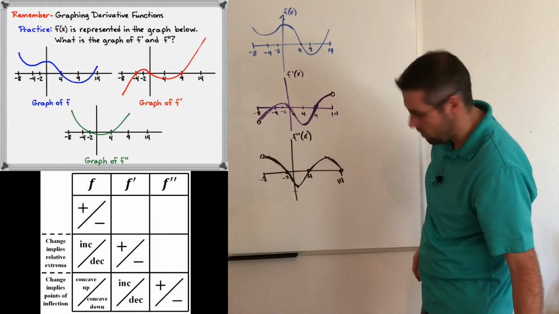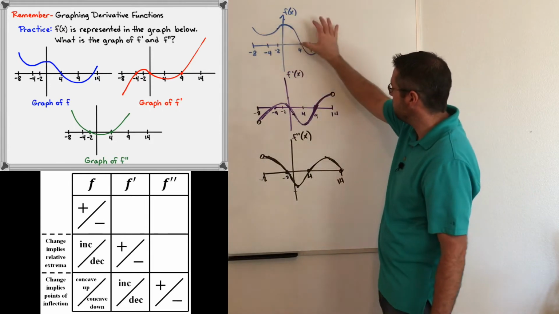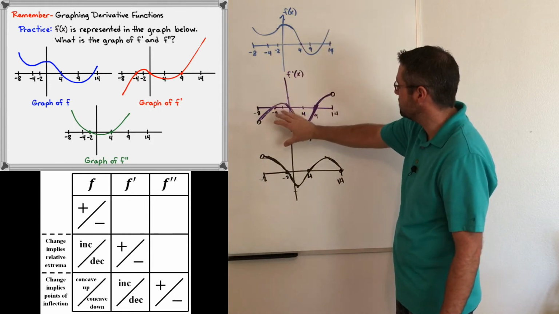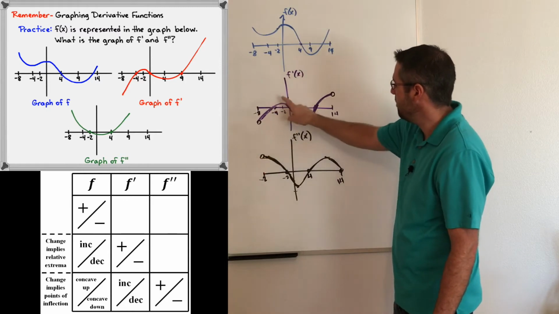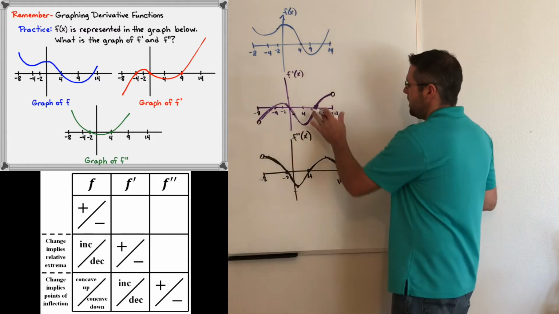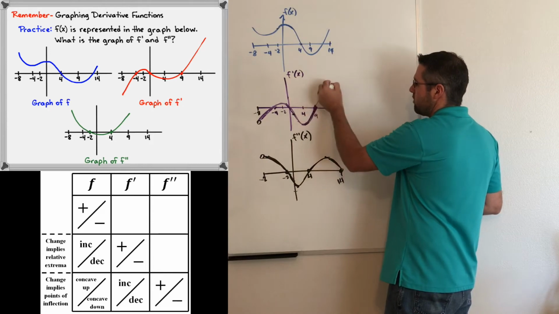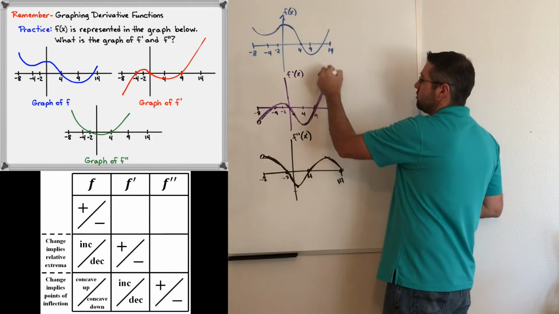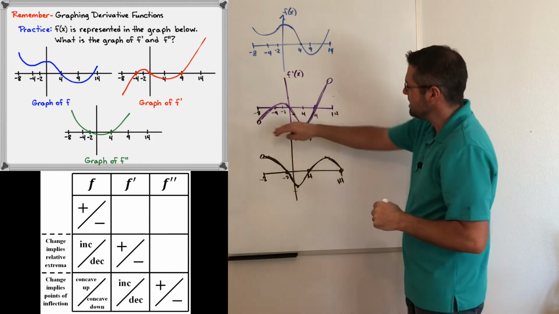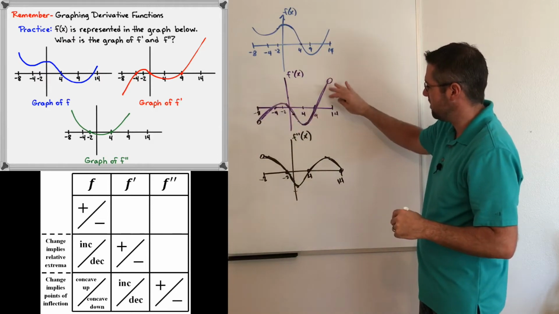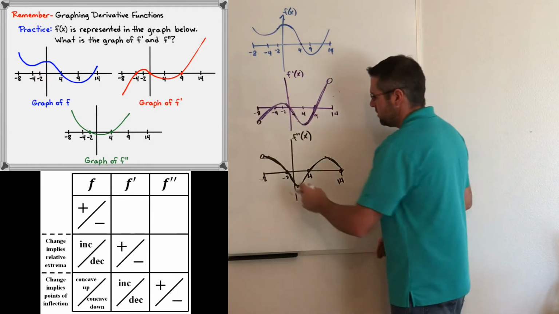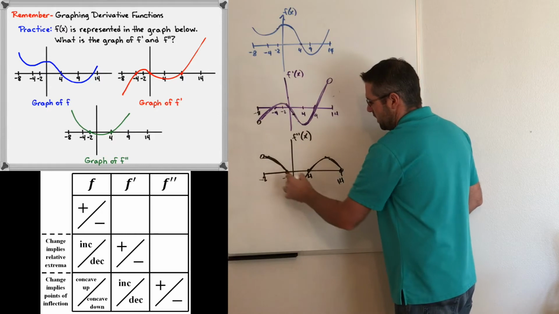If they just continue upwards, then this is an x to the 4th function, which means this should be an x to the 3rd function. So it should go up and then down and then up again, and it should just keep increasing past that point if we were to assume that this is x to the 4th. And since this is a cube function, the derivative of that would be a square function, and so we would have it come down and then back up again.